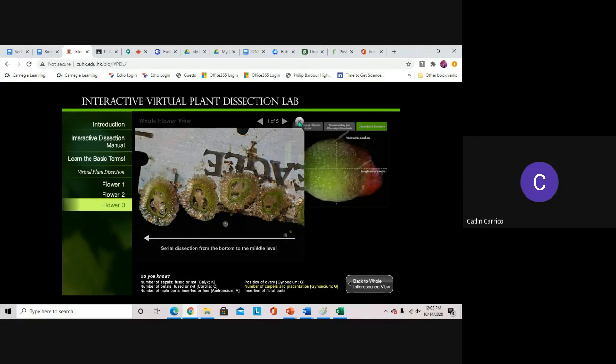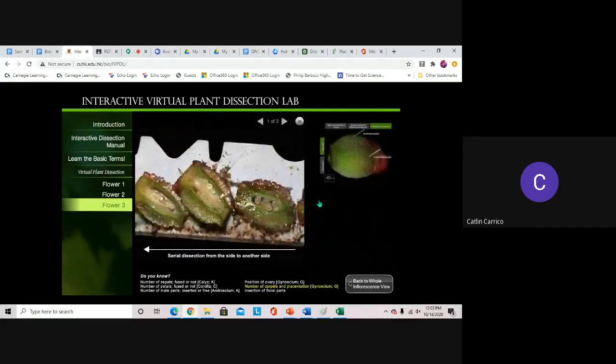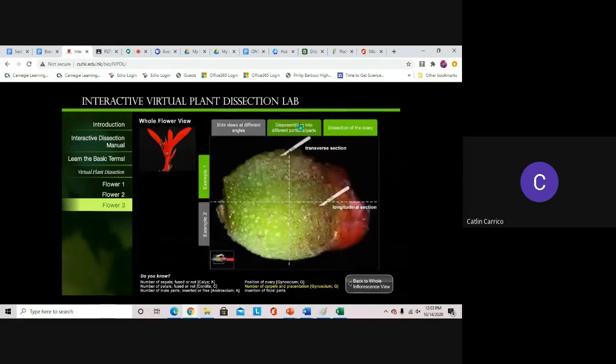If we were to do a longitudinal section cut, you can see the same structures. Personally, I preferred the longitudinal cut. I think you're able to see the structure more wholly, but then again, transverse section also has its benefits as well.